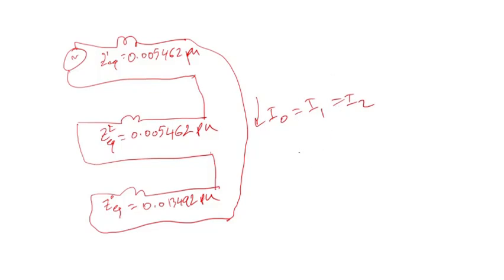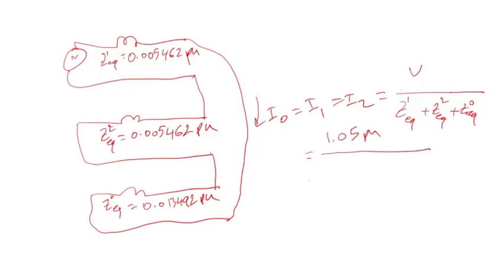From here, the voltage divided by the impedances, because this current flows through all these equivalent impedances, so it's the sum of the equivalent positive, equivalent negative, plus equivalent zero sequence impedance. I said I'm applying 1.05 pre-fault.